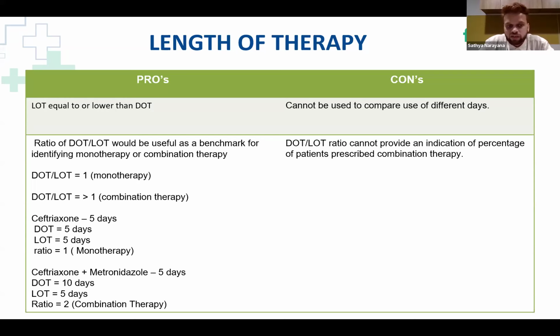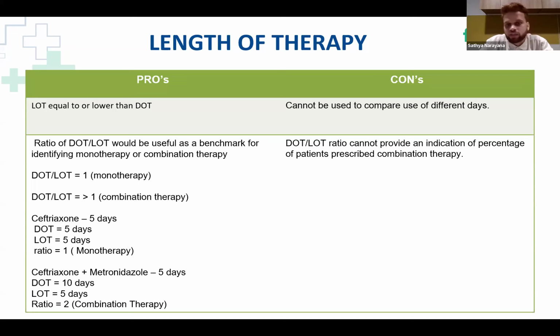So we count ceftriaxone as a separate 5 days and metronidazole as a separate 5 days, so in total we get 10 days for the DOT parameter. But for LOT, it would be 5 days, because we calculate the number of days the patient is on antimicrobial therapy, irrespective of the number of antibiotics, dose, frequency, and duration.